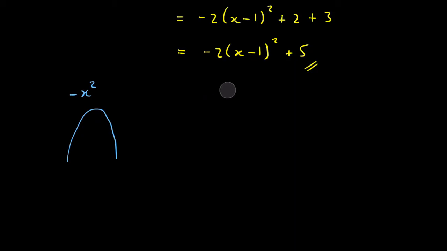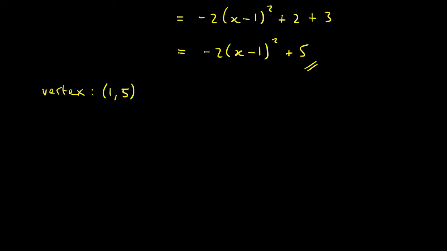That's the first point. Second point is we know the vertex, because the vertex is going to be given by this coordinate here, or rather the negative of that coordinate. So that would be x coordinate of 1 and y coordinate of 5. So the vertex is going to be the coordinate (1, 5).